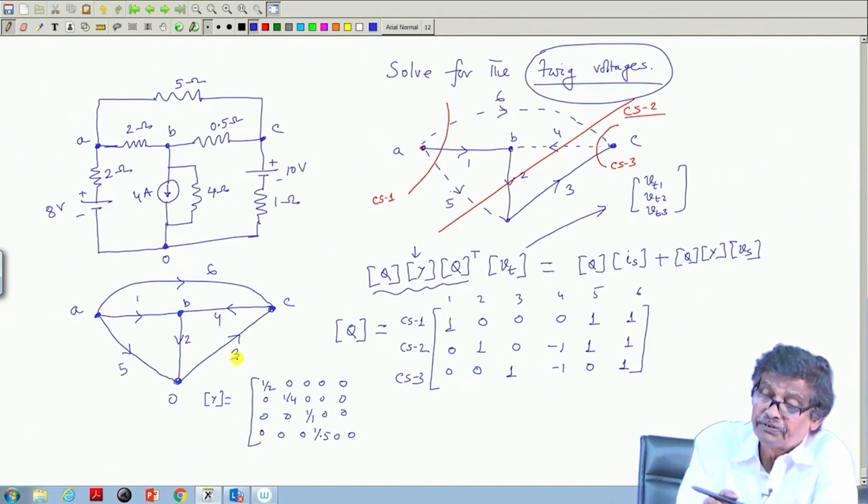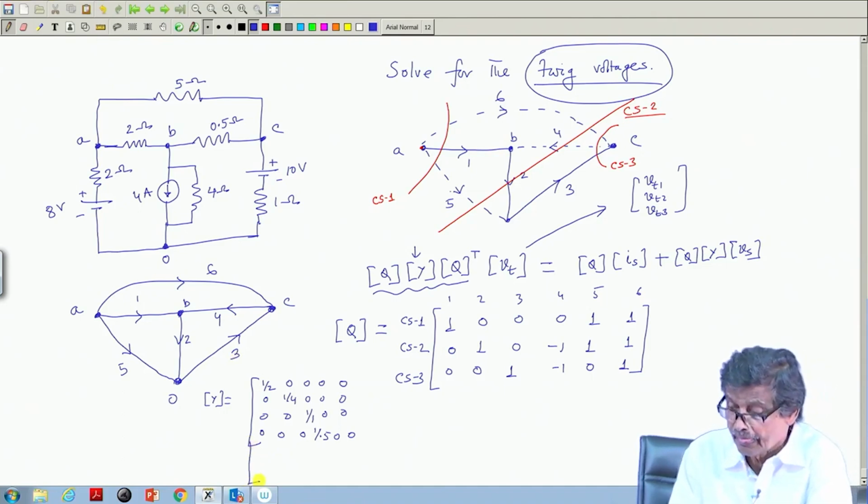And element 5 is this one, which is up. I mean, you can write much better way, 1, 2, 3, 4, 1 by 2, element 5, and finally, element 6. Element 6 is this one 1 by 5.